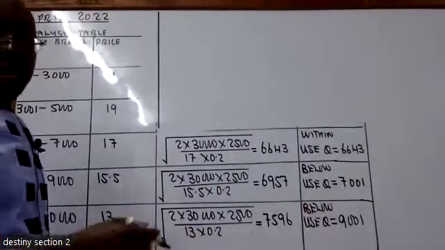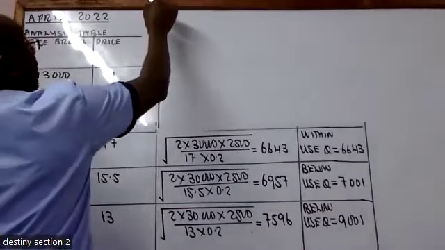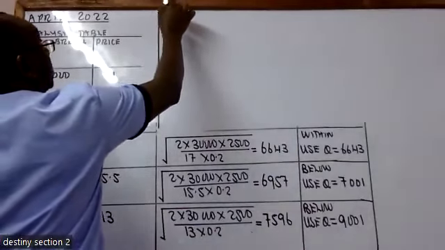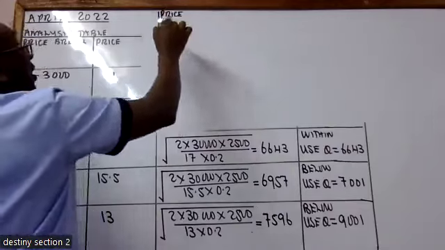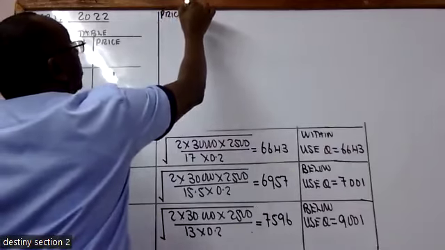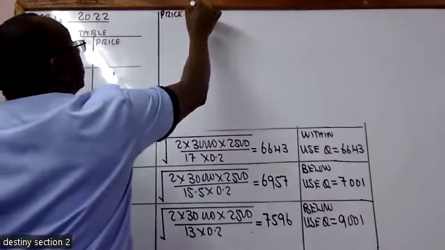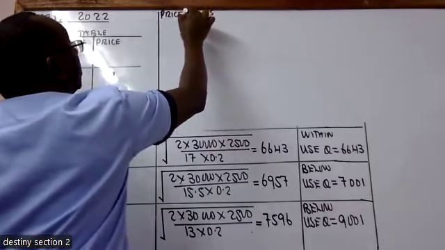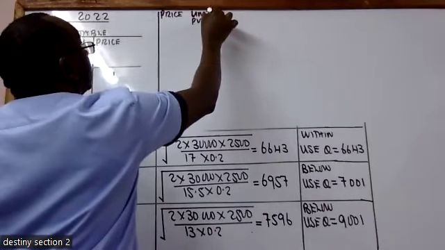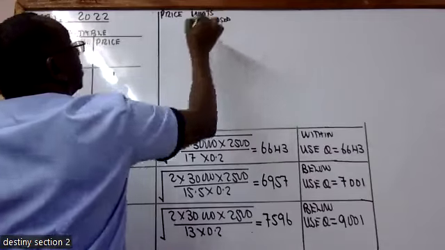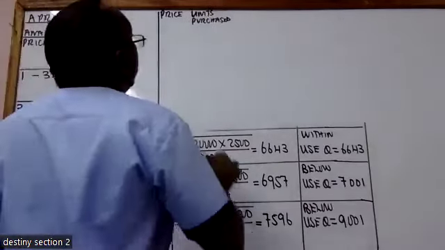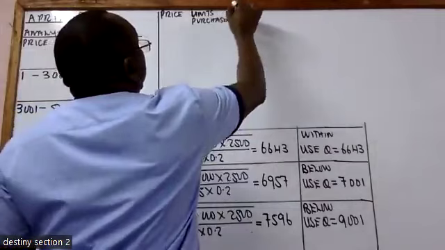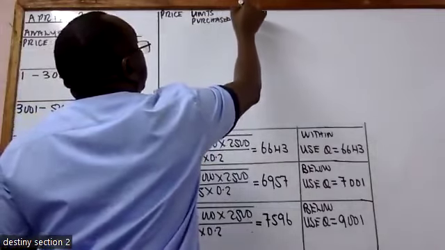We can draw a table where we will have the price, and then the units purchased. And then we now compute the cost.